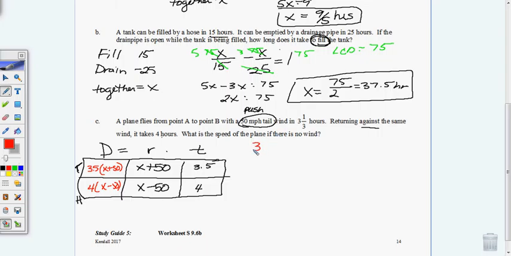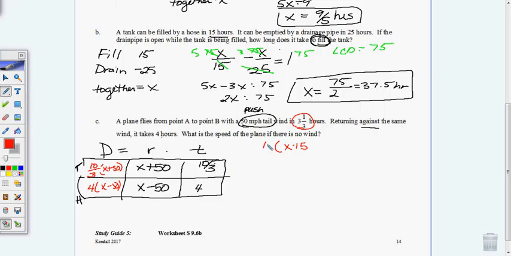So my equation is going to be 3.5 times x plus 50. Oh, I have to apologize. It says 3 1/3, not 3 1/2. Oh, silly, silly, silly. So let's get this erased in all the spots. Let's make this 10/3. That's 3 1/3. And let's make this 10/3.